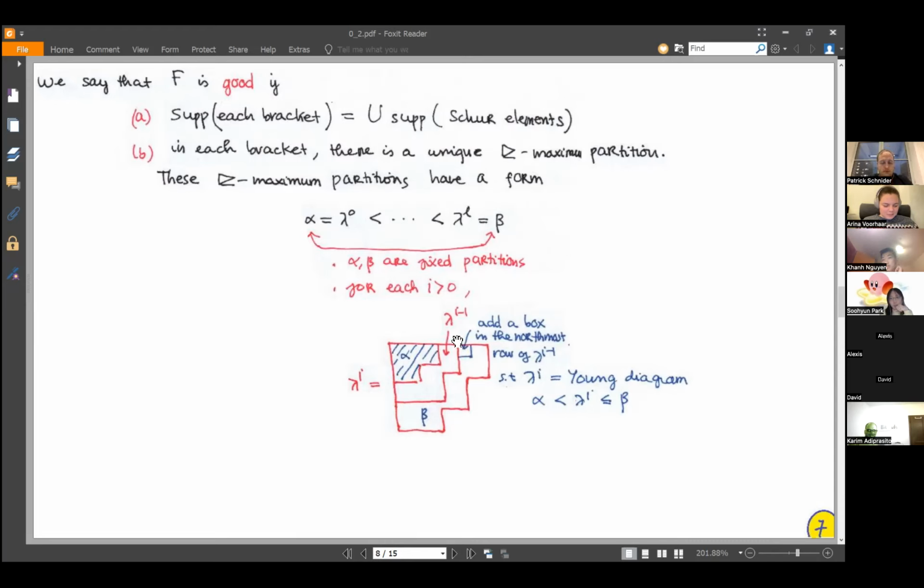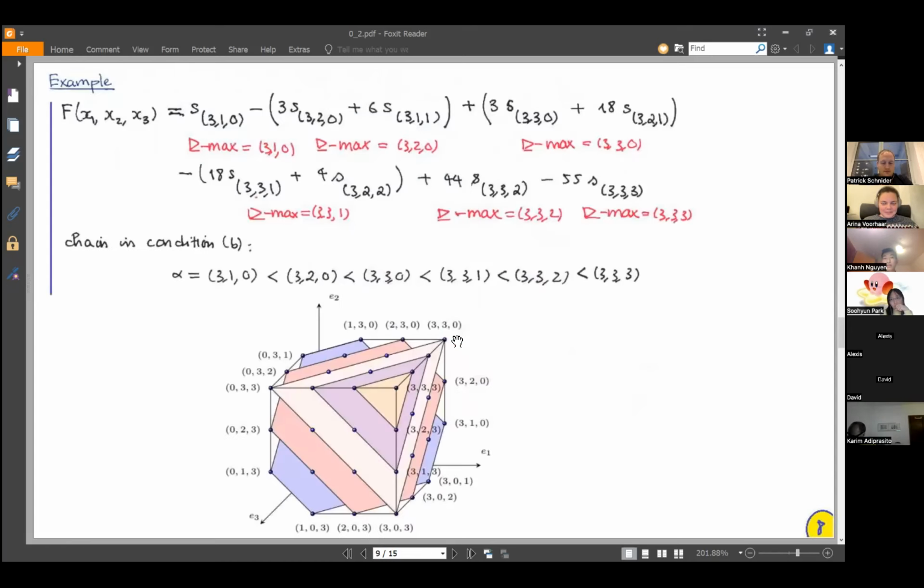So that is a simple rule to determine if a certain symmetric polynomial has SNP and each little polytope has IDP. It's very simple. When you look at the example here, you just look at the short decomposition, and you form short elements of the same size into brackets.